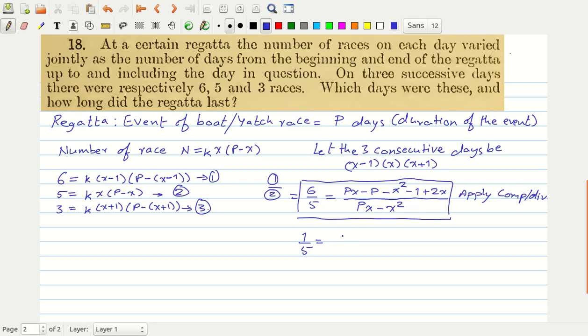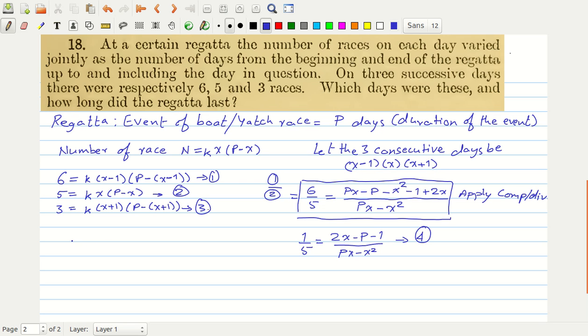So what you will be left with is 2x minus p minus 1 divided by px minus x square. So let us call this equation number 4, right.